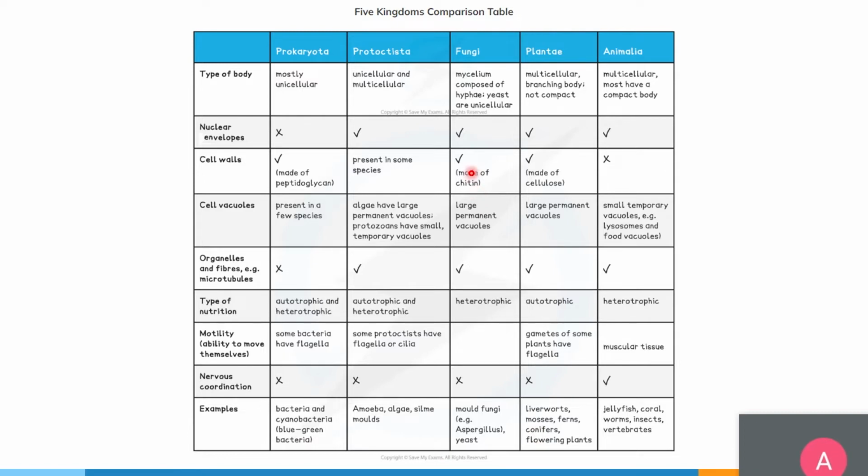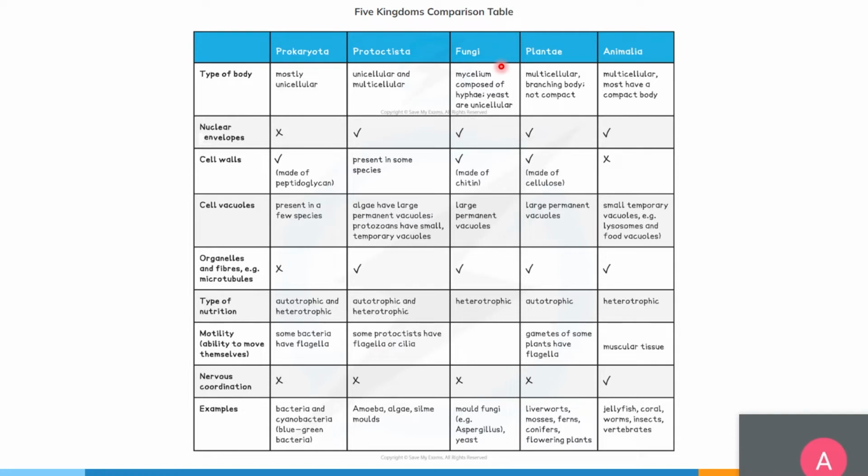The kingdom Protista includes unicellular and multicellular organisms where we can see cell walls present in some of the organisms, and they can also be autotrophic and heterotrophic. These also contain nuclear envelopes, and examples of these are amoeba, algae, and slime molds.